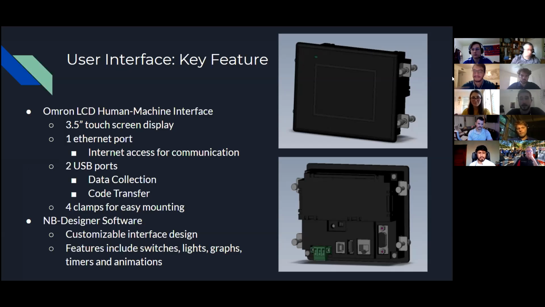The NB Designer software is a free HMI customization software from Omron that allows users to customize the display fully with switches, lights, graphs, timers, and animations. And these features also allow the user to have full flexibility in their testing by changing feedback between tests. Finally, the screen comes with 4 clamps on the corners of the pictures there to allow for easy mounting onto the aluminum panel. Next slide, please.